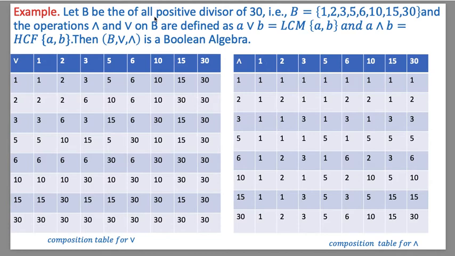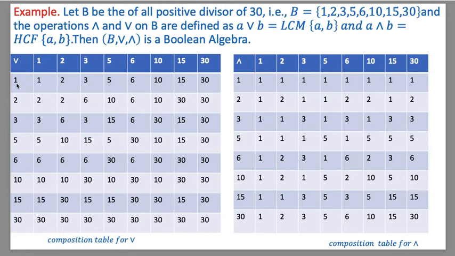To prove that this is a Boolean algebra, first of all we construct the composition table with respect to the two operations join and meet. We write the elements of B in the top border row and extreme left column.